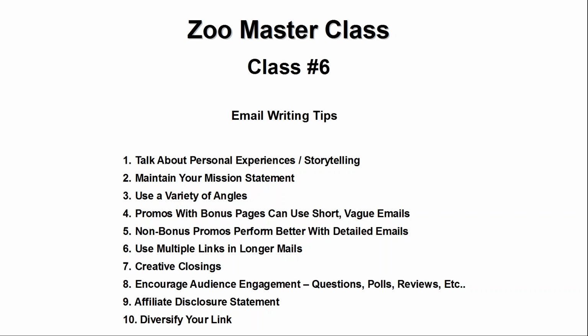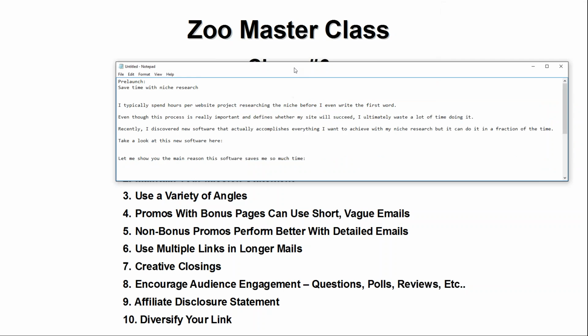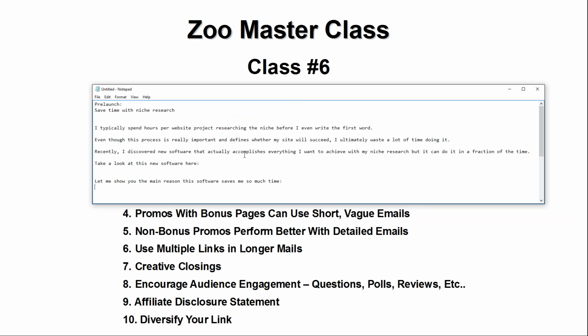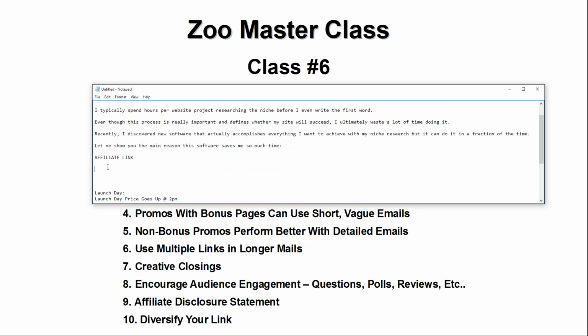So if I was trying to promote this same product yet again, but I wanted to not use a bonus page, I just wanted to use a direct affiliate link, I might begin my email like this. Have an affiliate link here, but then below my affiliate link, I'm going to keep going with my email.